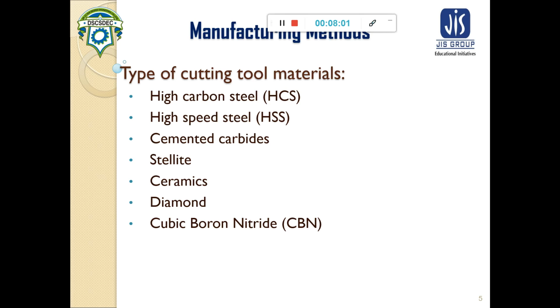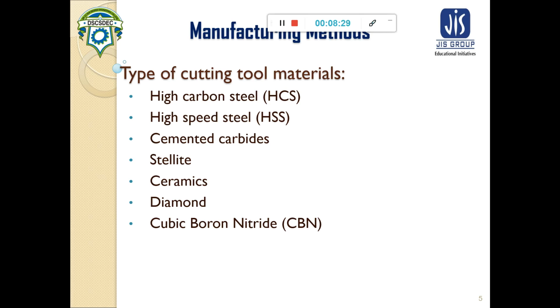Stellite has more hardness than all of these three materials. And ceramic has more hardness than all of the above four cutting tool materials. Diamond is the hardest material that is available in nature.